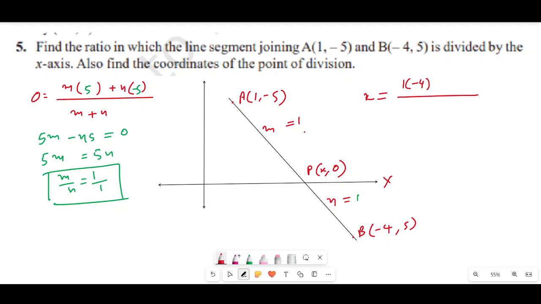Both are the same, so here 1 plus 1, and for 1 we will use 1. Now this will be -4 plus 1 upon 2, that means -3 by 2, that means -1.5, that is the value of P coordinate, which divides in 1:1 ratio.